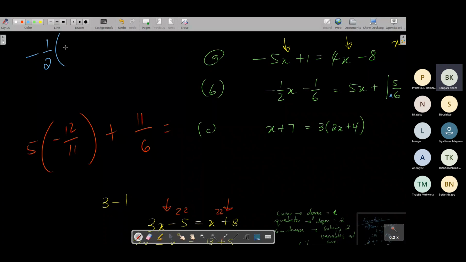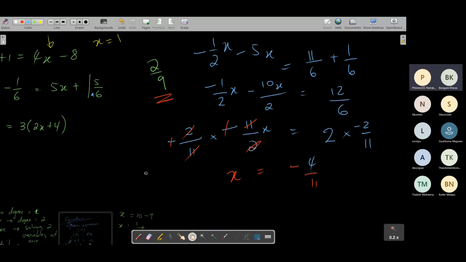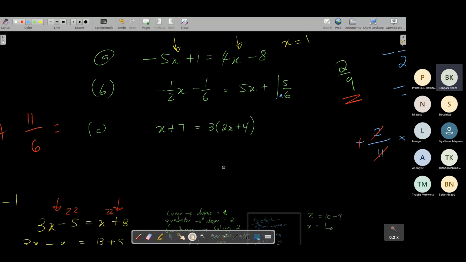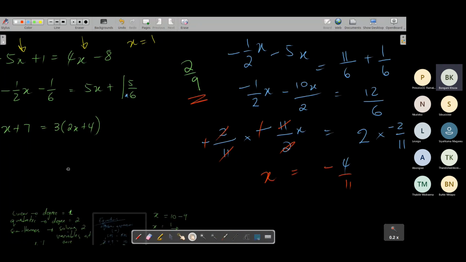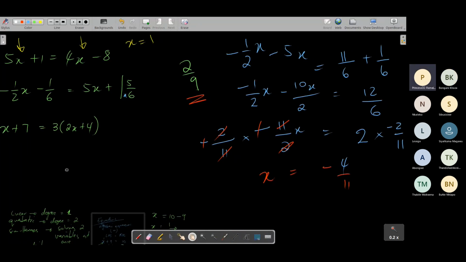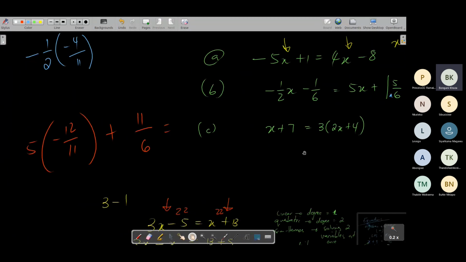Minus 1 over 2 into minus 4 over 11. I think that's what we are dealing with. And then this is minus what? Minus 1 over 6. So this is just going to give me 2 over here. So this ends up being 2 over 11 minus 1 over 6 like that.